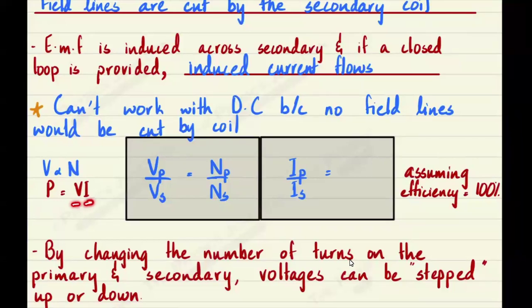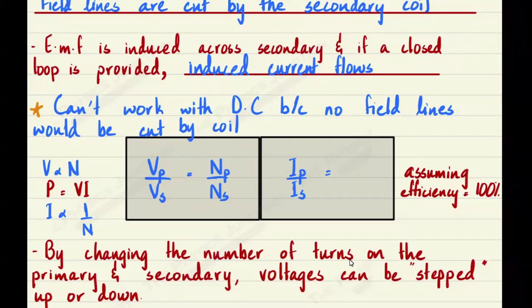For voltage, the ratio is directly proportional to the turns ratio, but in the case of the current, it is inversely proportional to the turns ratio. So the ratio flips.